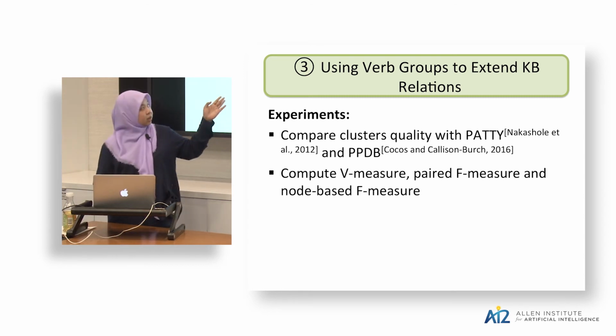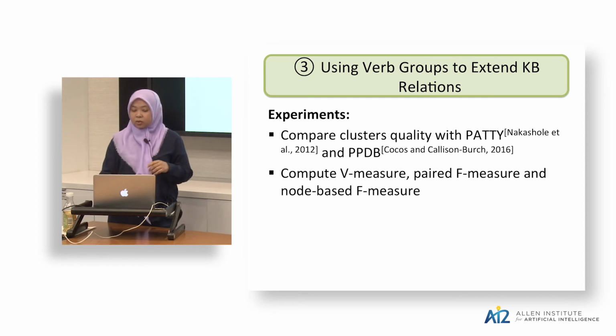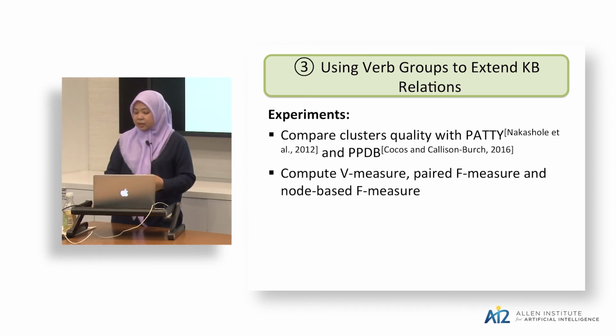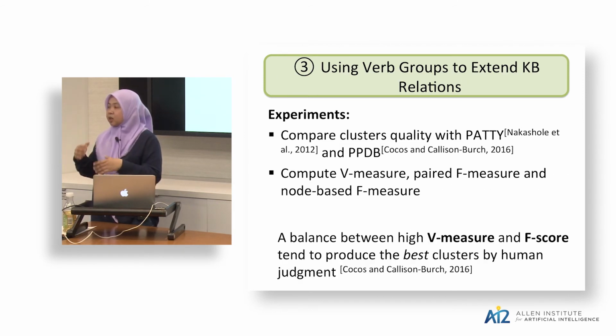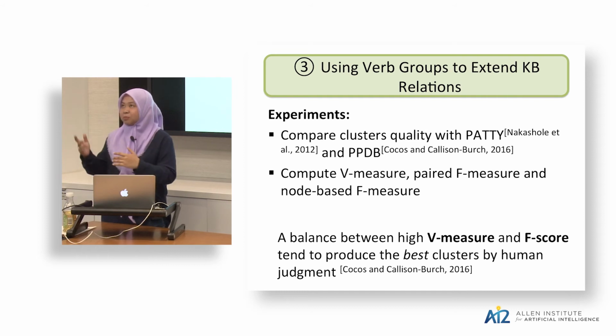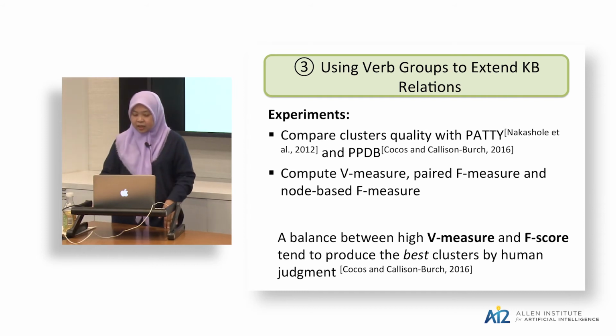So we can measure the paired F measure for our clusters compared to the reference clusters, as well as the node-based F measure, which is simply, for each of our resulting clusters, find the most similar cluster in the reference, and then measure the purity and the inverse purity as precision and recall, respectively.